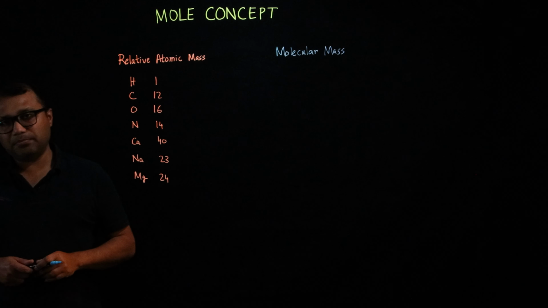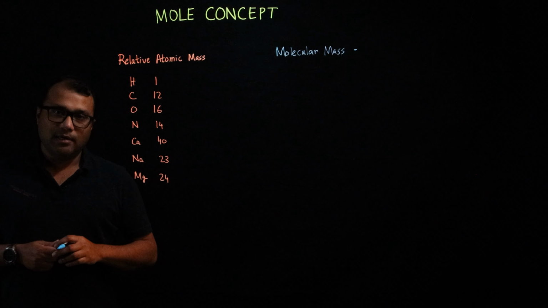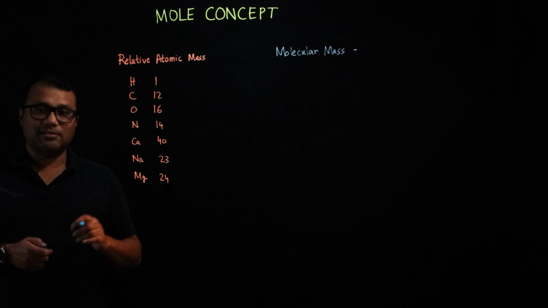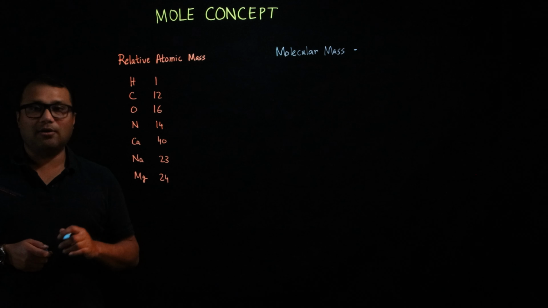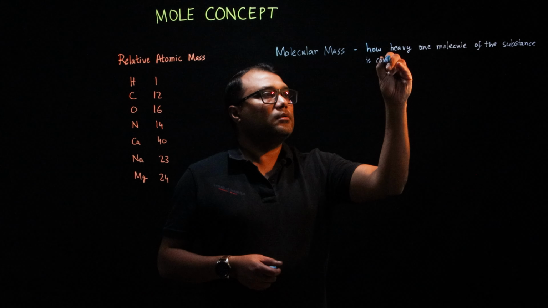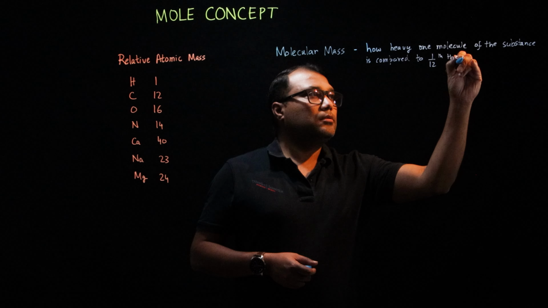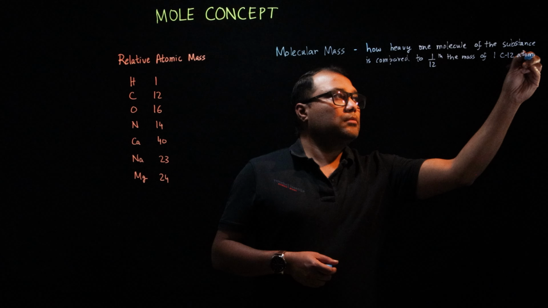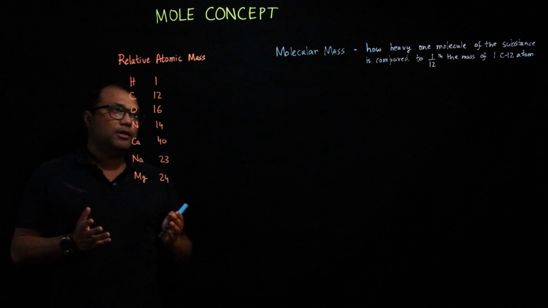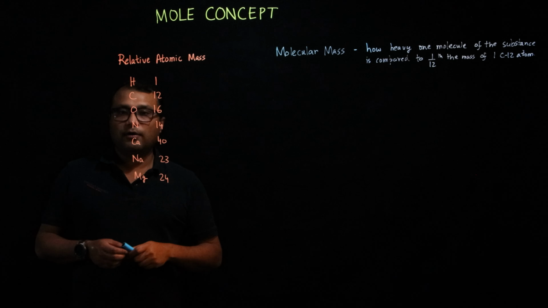The formal definition of molecular mass is, however, how heavy one molecule of that substance is compared to 1/12 the mass of one carbon 12 atom. Okay, so let's compute the molecular mass of some simple molecules.